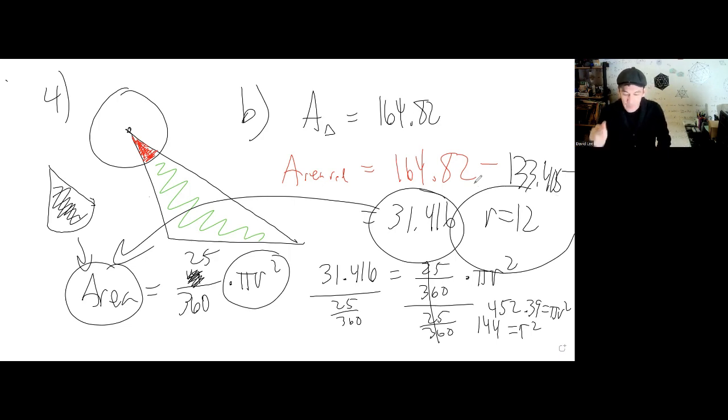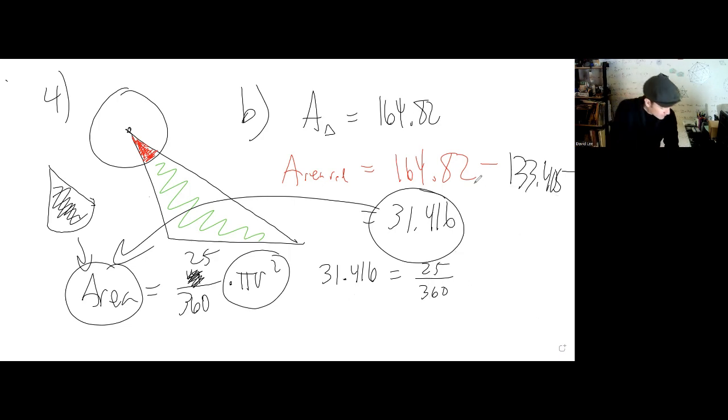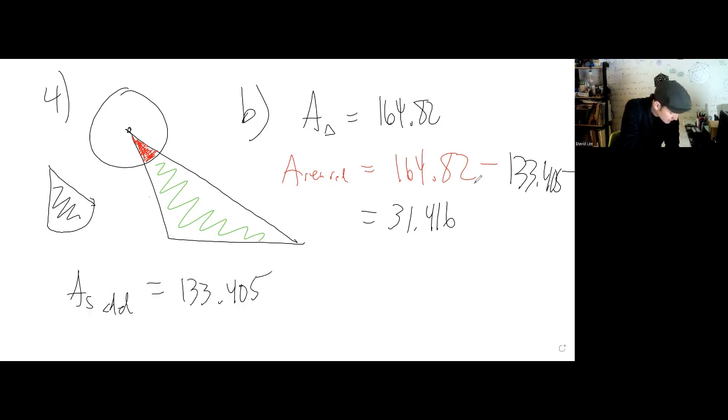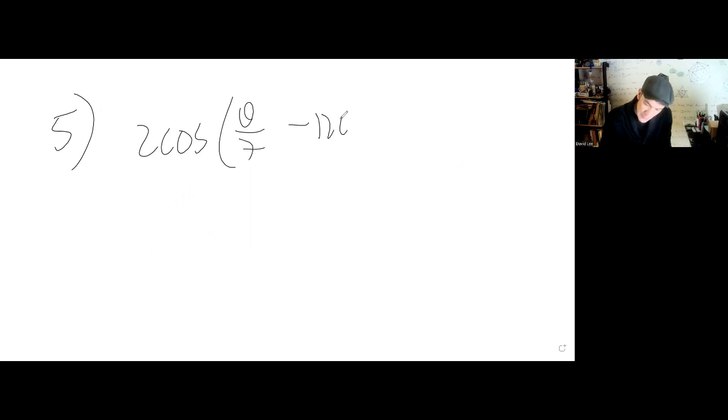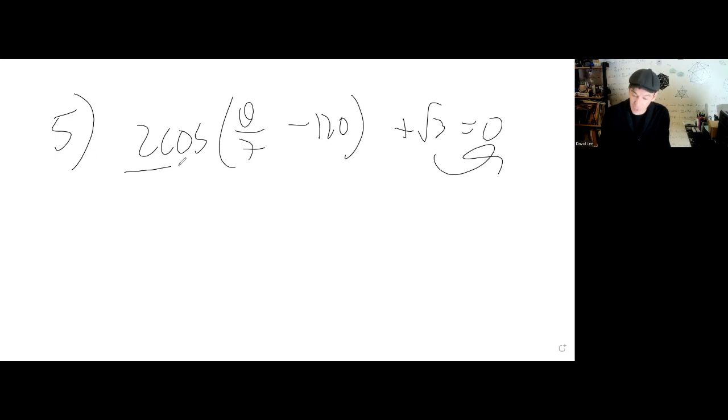Let's keep going. Number 5, solve an equation. This one's not bad. So for number 5, we have 2 cosine of theta sevenths minus 120 plus square root 3 equals 0. So why don't you subtract the square root of 3 and then divide both sides by 2?